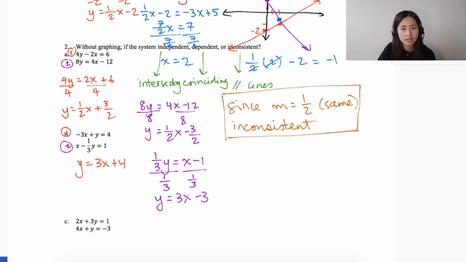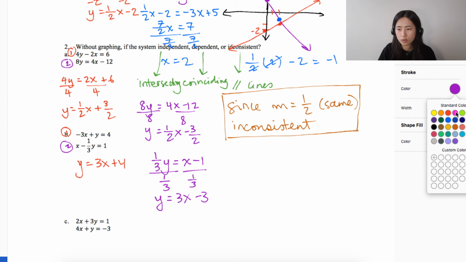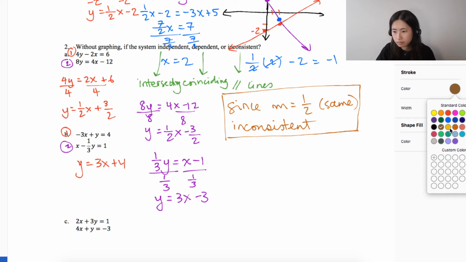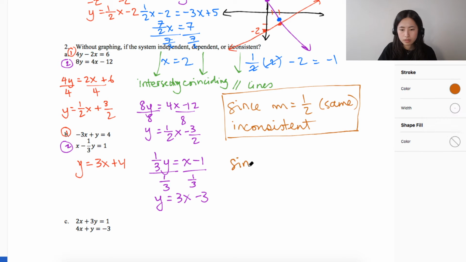Okay, so as you can see, even though they're not exactly like 3x plus 4 or 3x minus 3, the slope is the same, which is 3, or rather 3/1. Therefore, it's going to be inconsistent because we know that these two lines are parallel. Since m is equal to 3, this is the slope. Similar to this, this is 1/2 and this is 1/2. So same for both equations, therefore it's inconsistent.